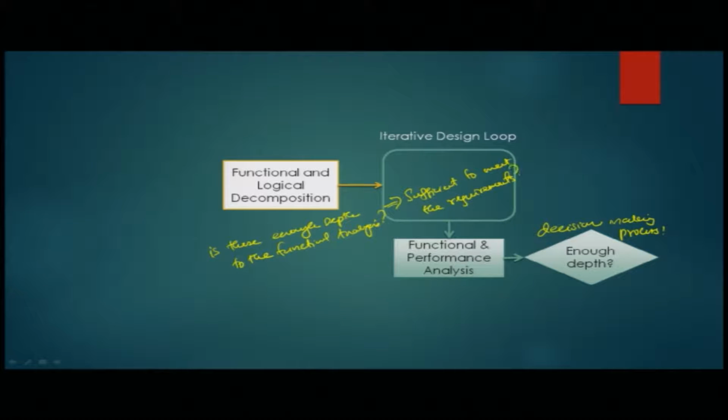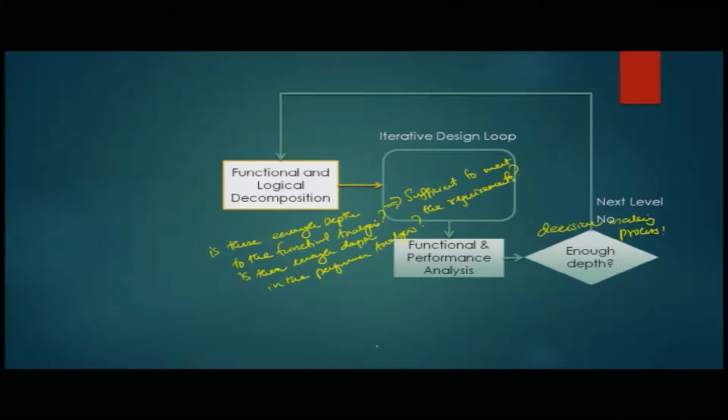If the answer is yes, then you continue. If the answer is no, then you do something else. Okay. And similarly, is there enough depth in the performance analysis? This is also a second question, and both questions are part of a decision making process.